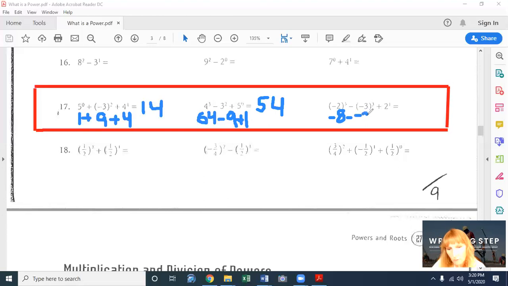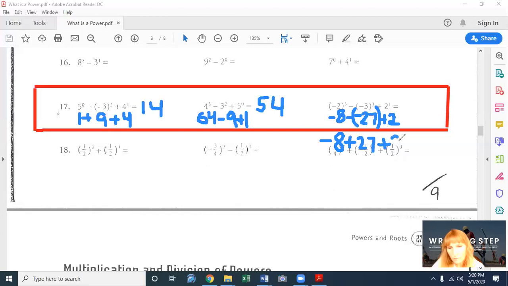Don't get tricked on this one. This one's a tricky one. And then 2 to the 1 power is just 2. Be careful on this one. So I have negative 8 minus a negative 27 plus 2. So that's the same as negative 8, change the minus to an addition, change the negative 27 to the opposite sign, becomes positive 27 plus 2.